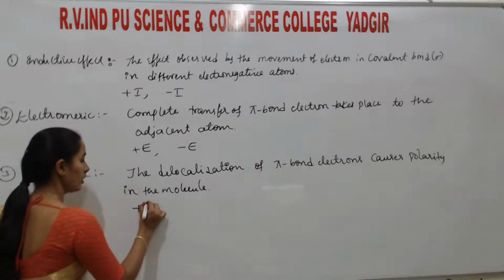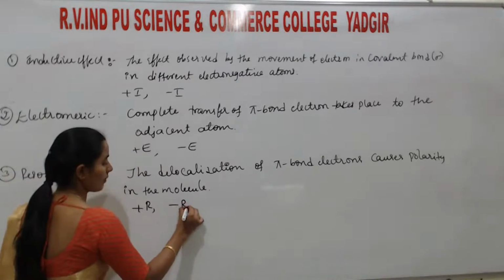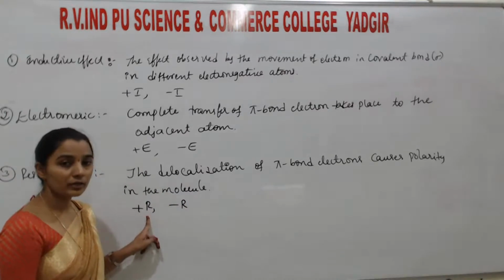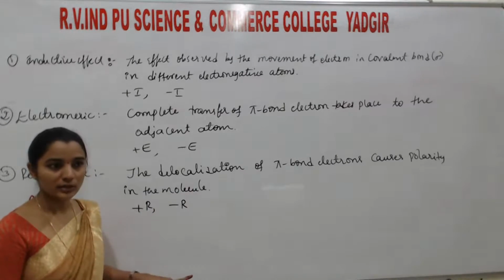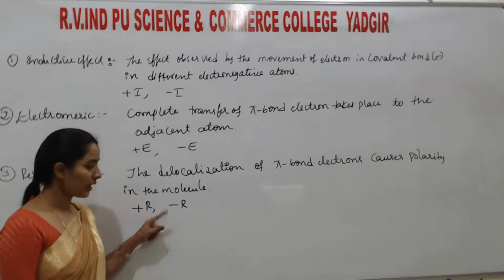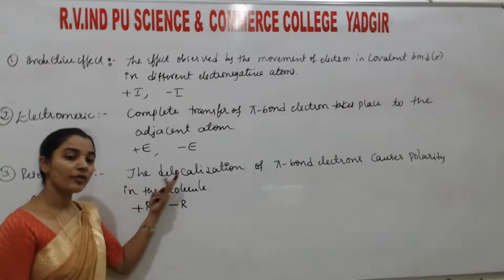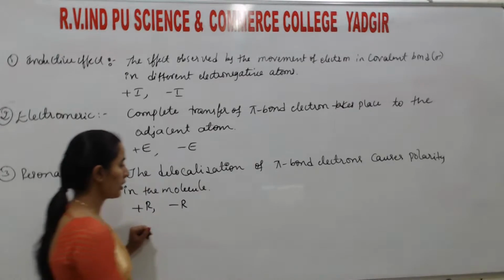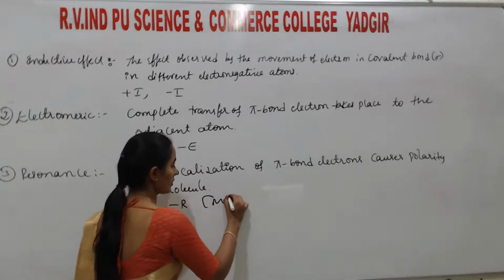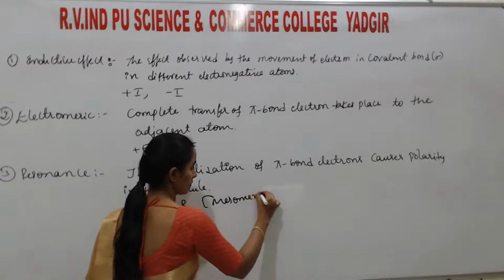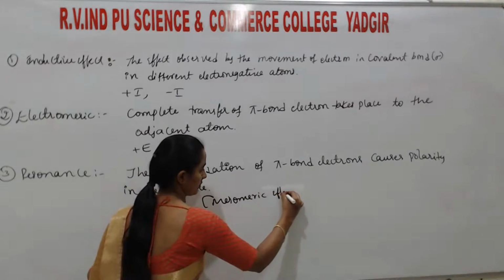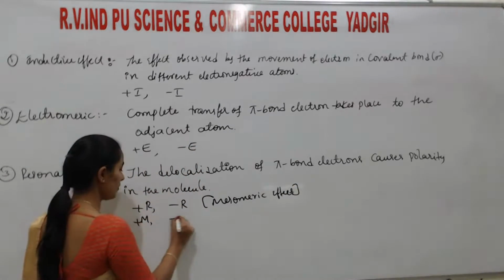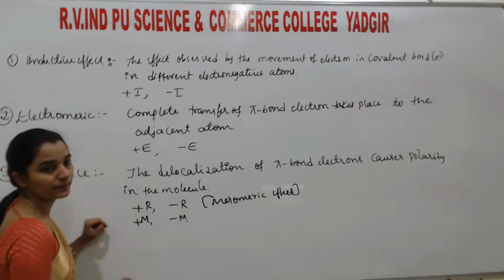Here also plus R effect and minus R effect are there. What is plus R? If the electrons are moving towards the system, then it is plus R. If the electrons are moving away from the system, then it is minus R. This is also called the mesomeric effect. It is plus M or minus M.